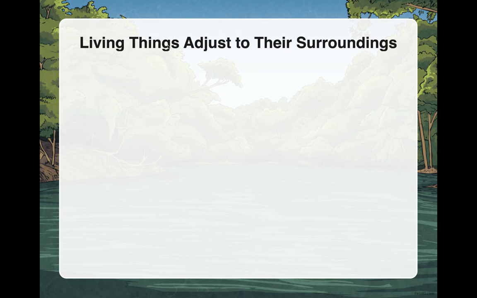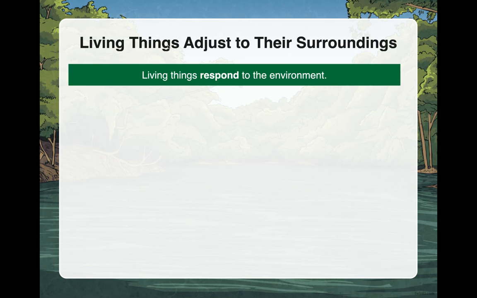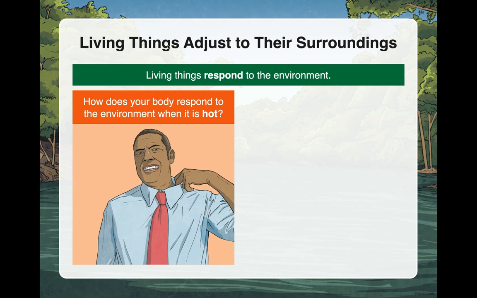Living things adjust to their surroundings as well, meaning they respond to their environment. Think about how your body responds when it's a hot day. Do you start to sweat? Do you want to be in the shade? Do you automatically start seeking a room with an AC? You don't want to be in the sun. So, how does your body react to the environment, right?